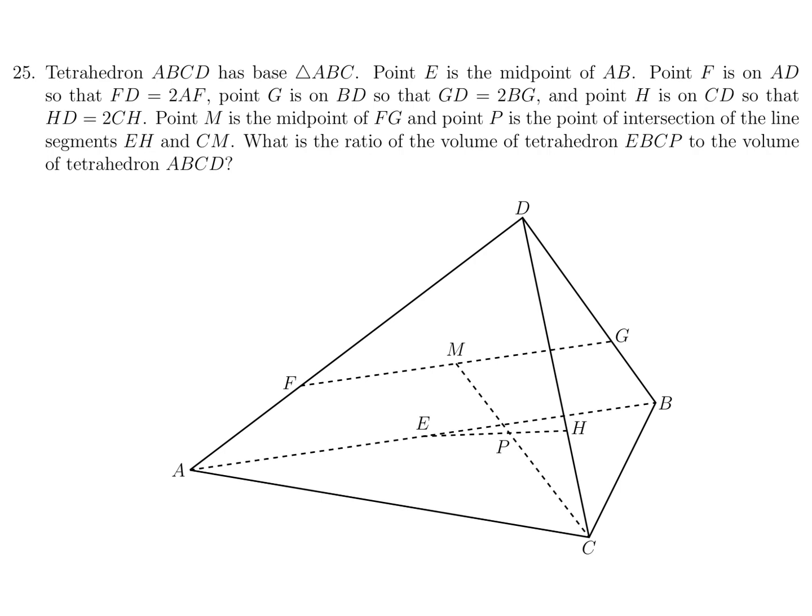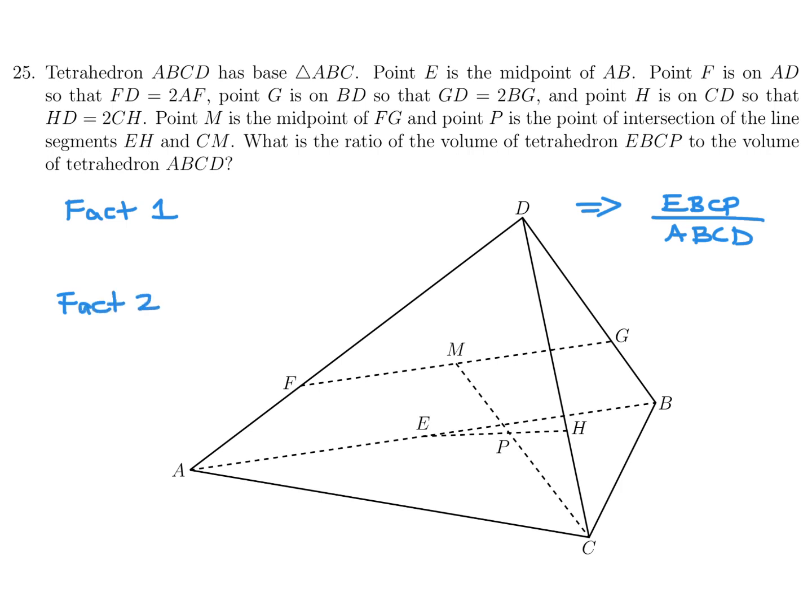So eventually they want you to figure out EBCP over ABCD. Now there's 2 important facts that need to be proven or figured out, and that helps you solve this eventual ratio.